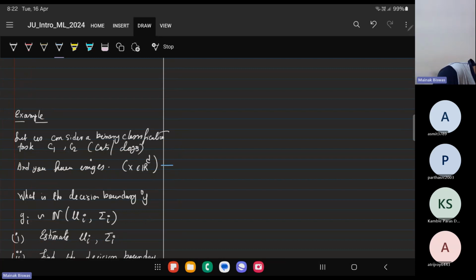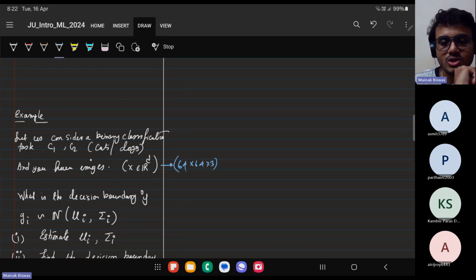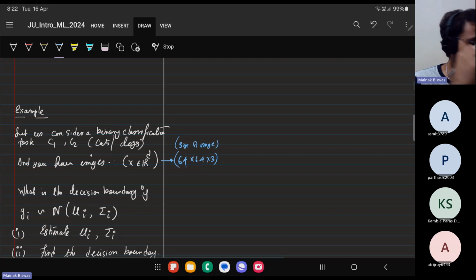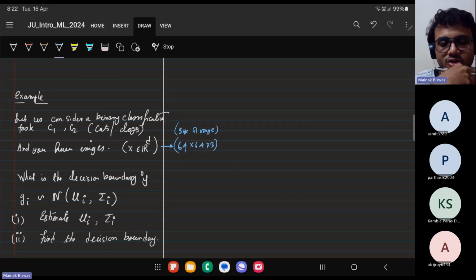These images can be 64 cross 64 cross 3, normal color images. This is the size of the image. My question to you is, can I generate a general discriminator function that will categorize between cats and dogs?